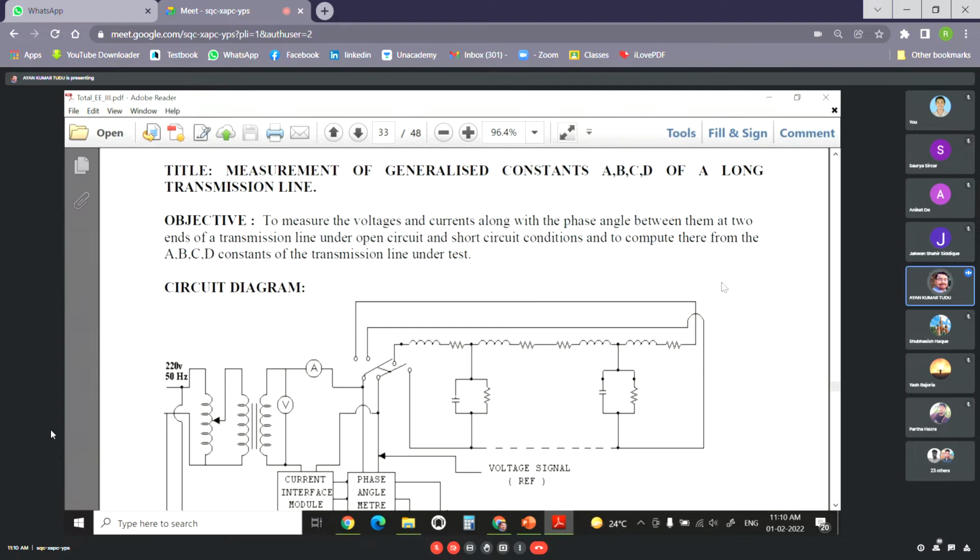The effects of all these four parameters will be more pronounced in long transmission lines. In a long transmission line, we take into account that the line parameters R, L, C, and G, that is the shunt conductance, are distributed uniformly along the whole length of the line.